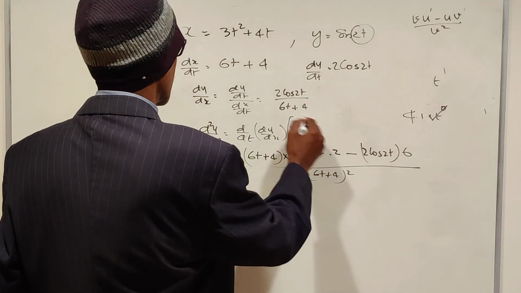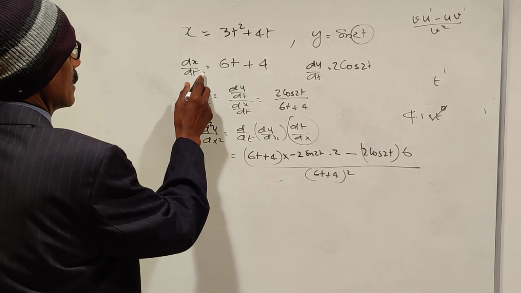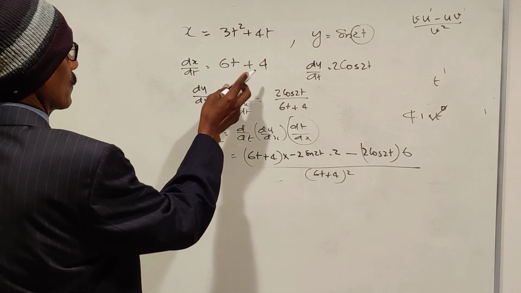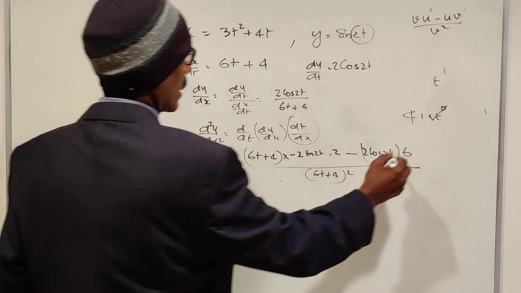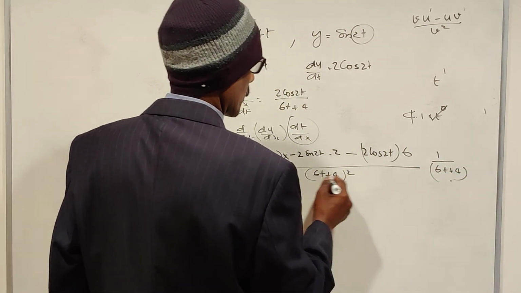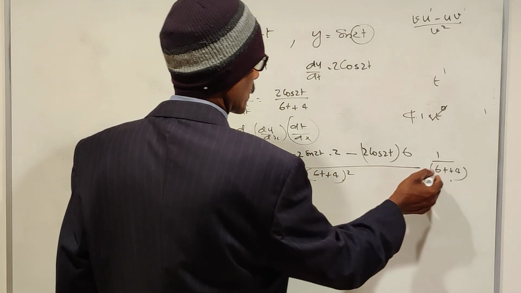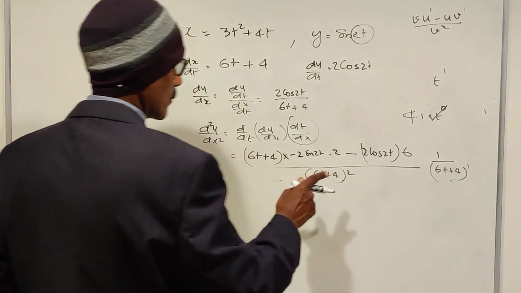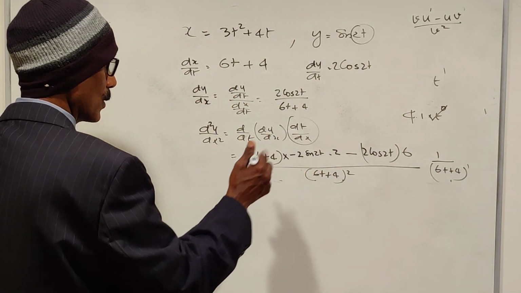Then dt by dx. What is dt by dx? Dx by dt is 6t plus 4. Dt by dx is 1 by 6t plus 4. So this one becomes 6t plus 4 the whole square times 6t plus 4 the whole raised 1 is 6t plus 4 the whole cube.